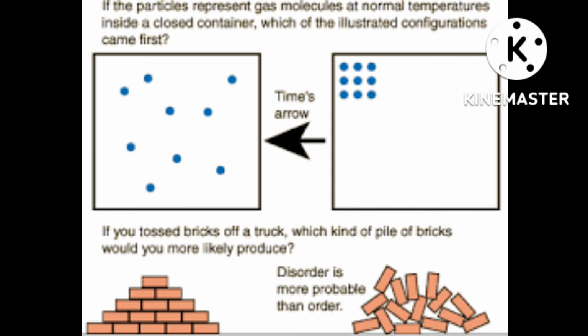Disorder means entropy change took place. More disorder means more entropy, positive entropy change. Less disorder means less entropy, negative entropy change. This you keep in mind. This is the important thing I have told you.